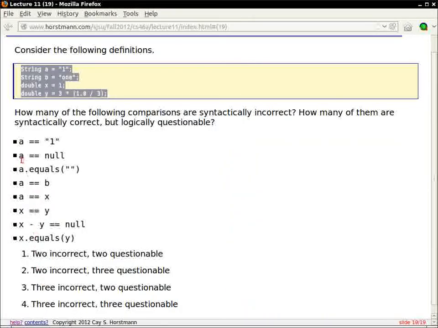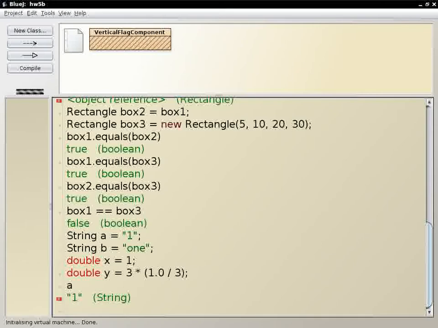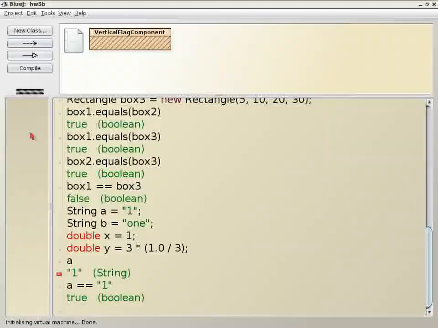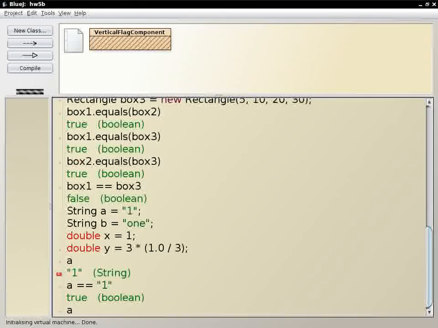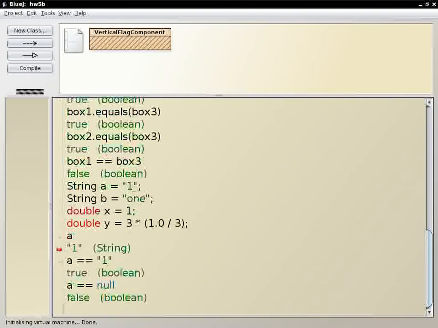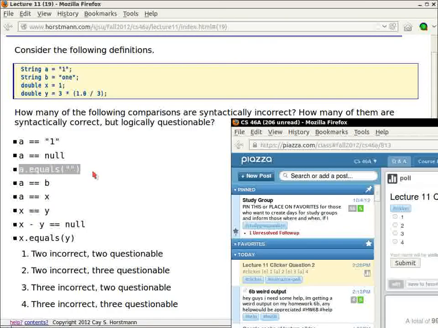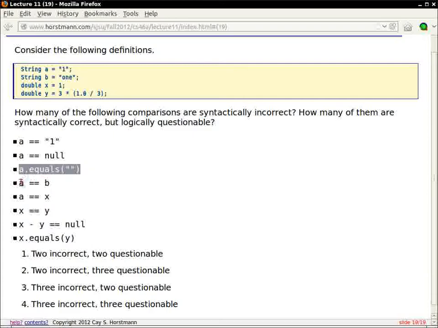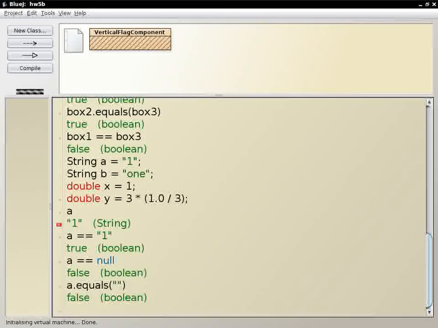All right, let's see. So the first one. Okay, that one is syntactically okay. That one seems okay. That one seems okay. That one seems okay.